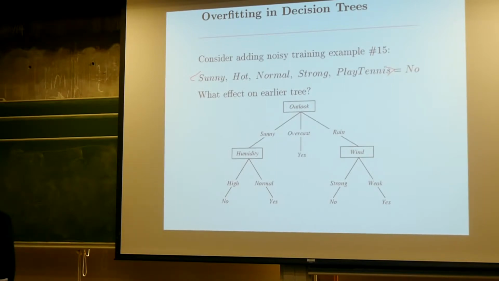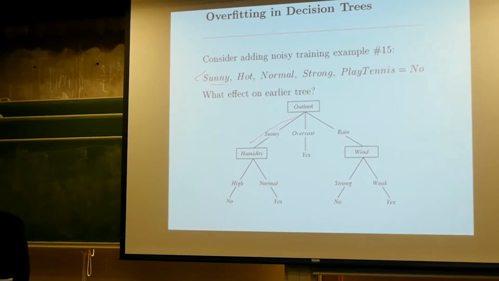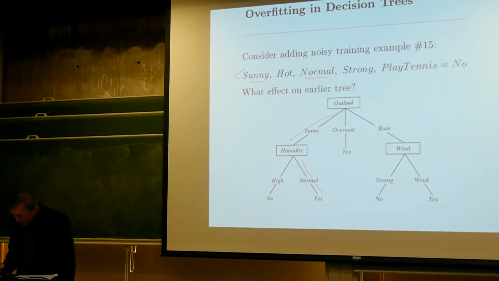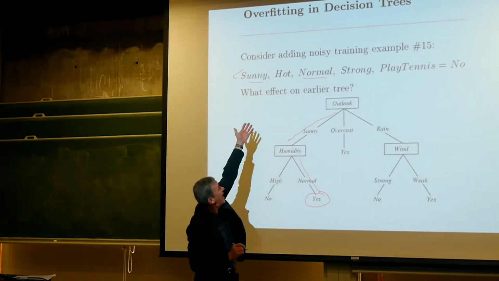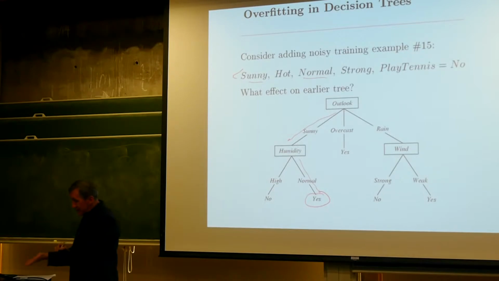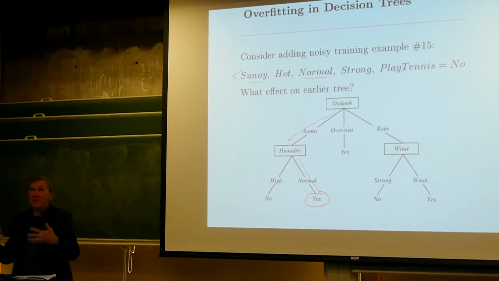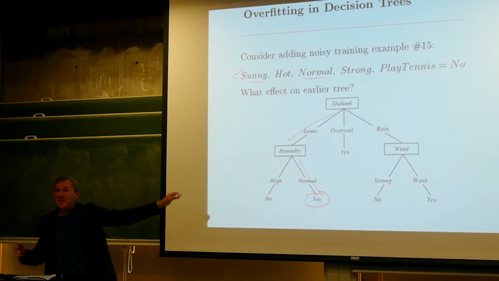This should actually be a day where play tennis equals yes, but unfortunately there's an accident in labeling, and so the teacher says no. Our prediction was that if the outlook is sunny, we sort this way, and if the humidity is normal, we sort this way, so this tree would predict yes instead of no. But if we add this 15th example to our training set, our learner won't output this tree. It'll output some other tree that correctly fits this training example.